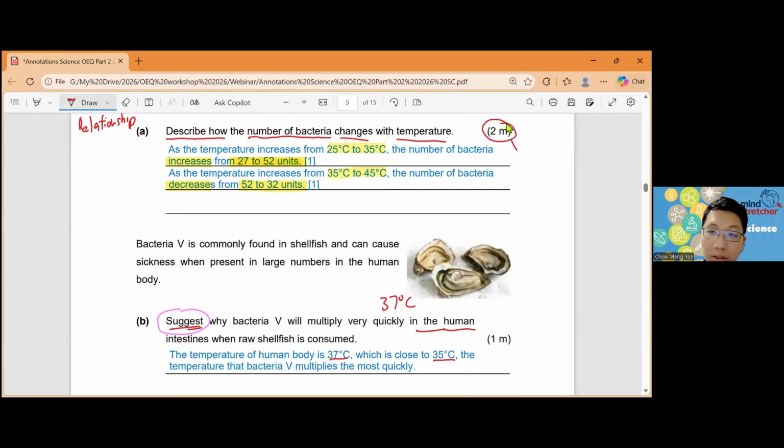If it's 2 marks, that tells you two trends. 1 mark for one trend. So usually the marks allocated will tell you how many trends there are.